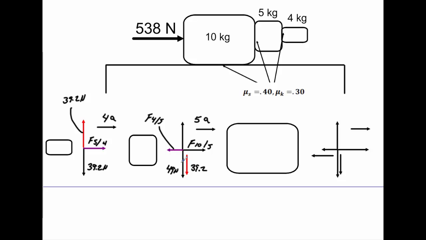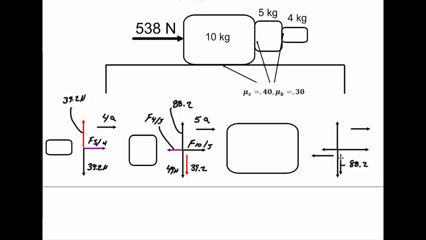So we have 49 plus 39.2, which is 88.2. We come down here and make this 88.2 as well.